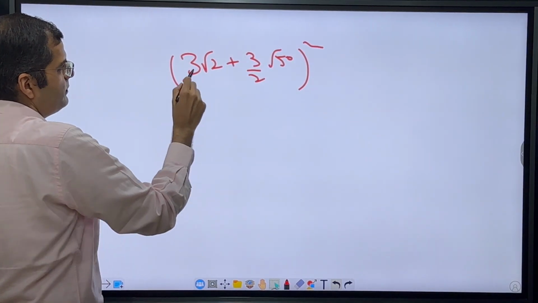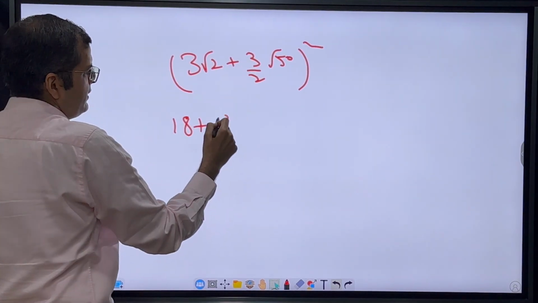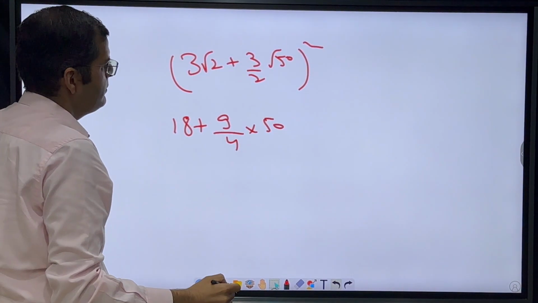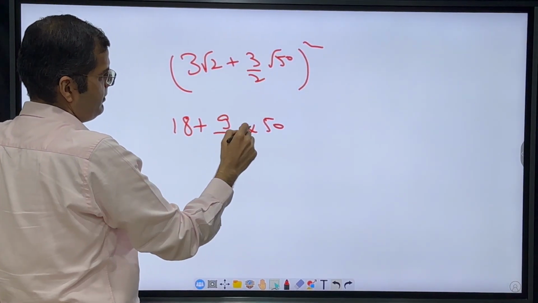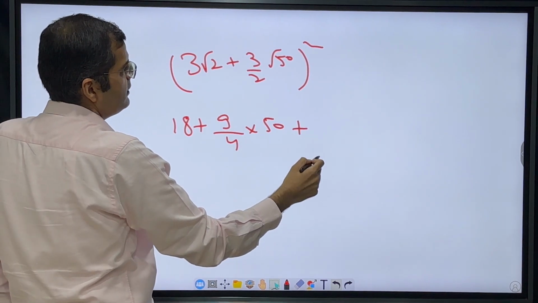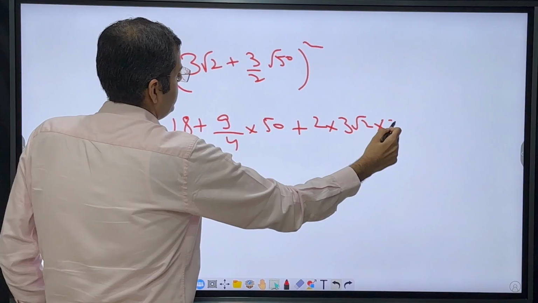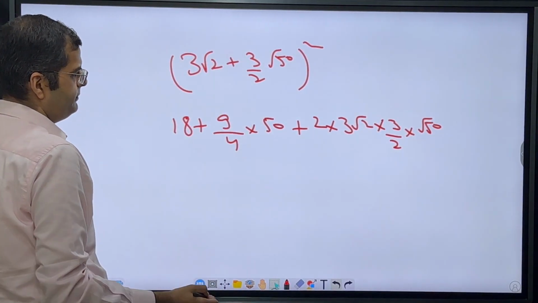That will be how much? 9 into 2, 18, plus 9 by 4 into 50, using a square plus b square, plus 2 into 3 root 2 into 3 by 2 into root 50.